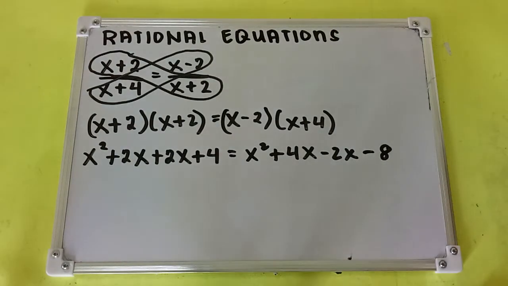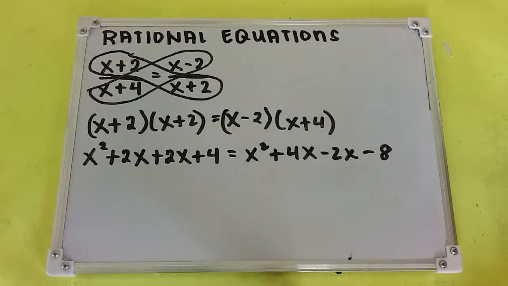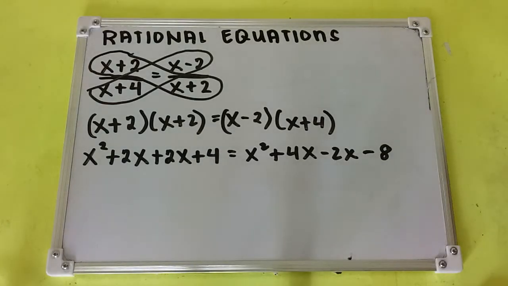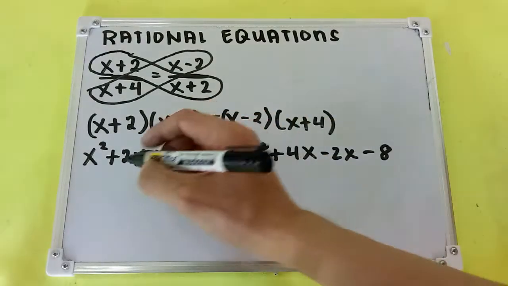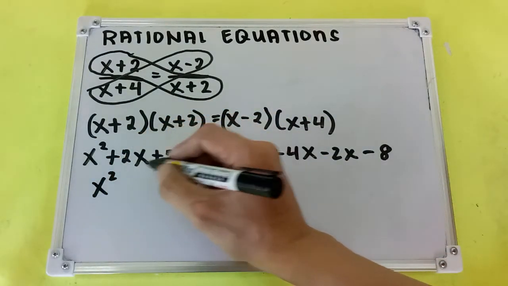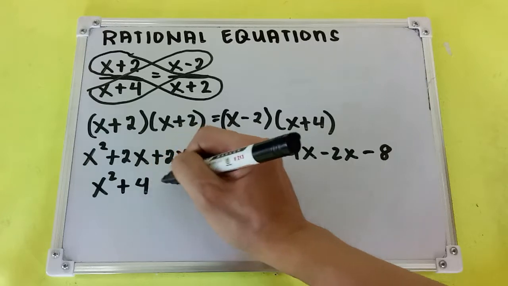So that is now the expression or equation, two expressions on both sides. Then simplify, combine like terms. So x squared, 2x plus 2x is 4x.